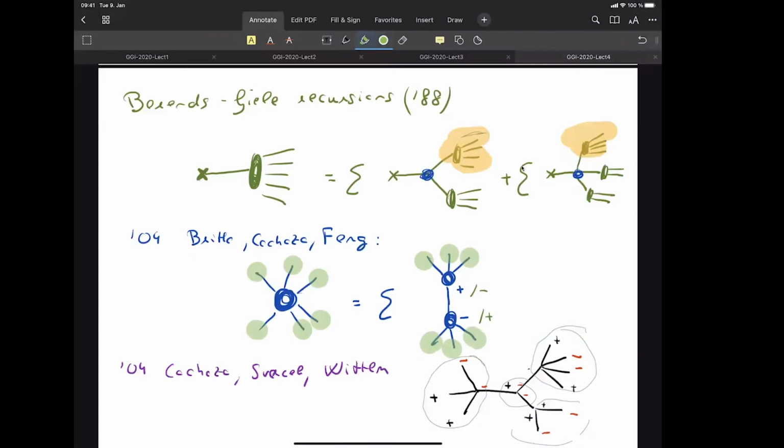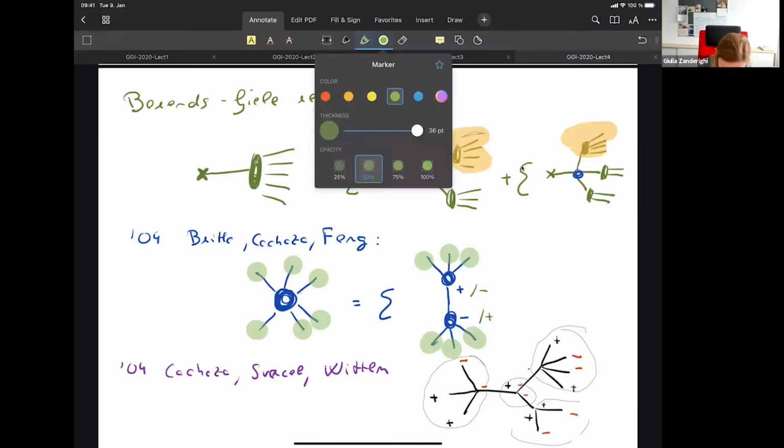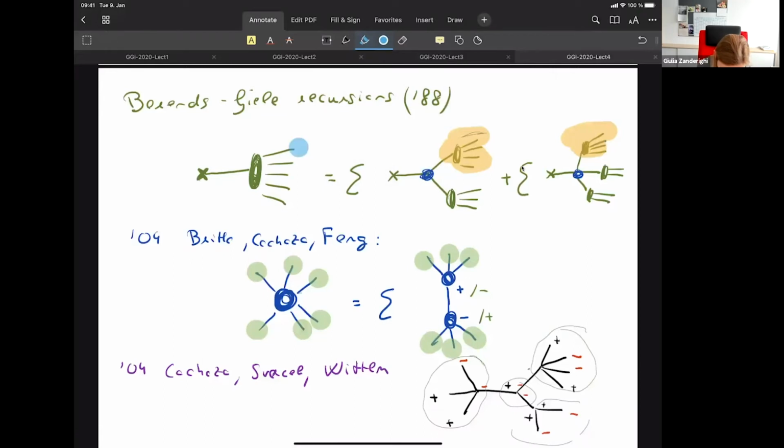So the first method works like this: the external particles, so these ones, they have to be the same. These match exactly these ones, right? So the external particles are the same in this.